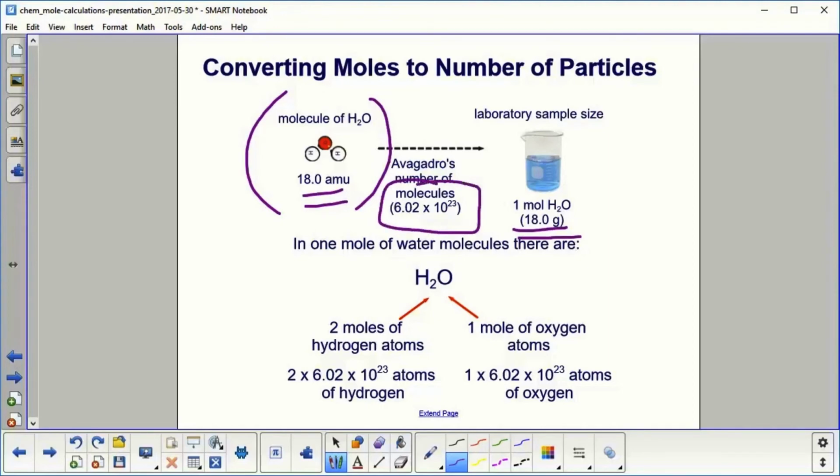So in 1 mole of water molecules, this number here tells us that we have 2 moles of hydrogen atoms and then 1 mole of oxygen atoms. So 2 moles of hydrogen, 1 of oxygen. To find out how many atoms there are, we multiply that by Avogadro's number. So this tells us how many atoms of hydrogen we have, and this tells us how many atoms of oxygen.